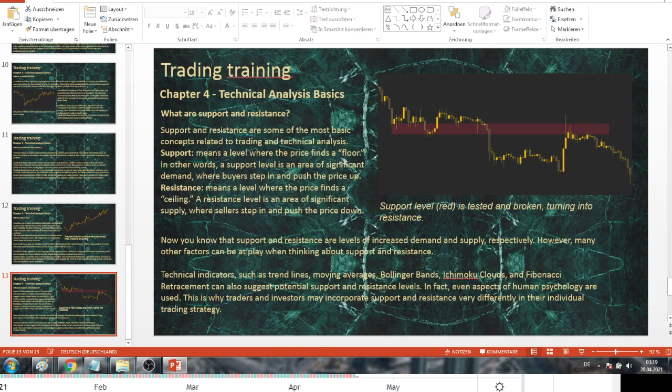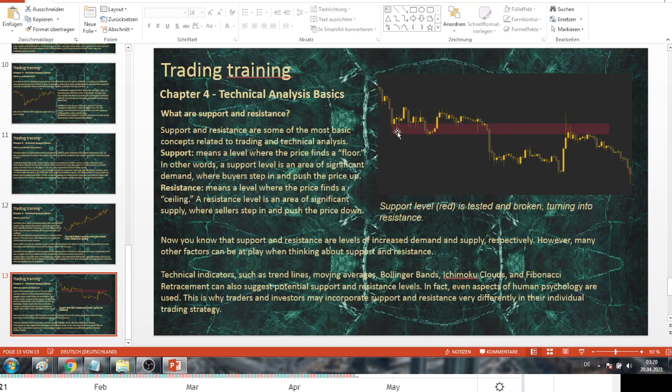Resistance means a level where the price finds a ceiling. A resistance level is an area of significant supply where the sellers step in and push the price down. This is the resistance. You see we have resistance here. The price is not rising, but after testing one time, two times, three times, four times, five times, the price is breaking down.